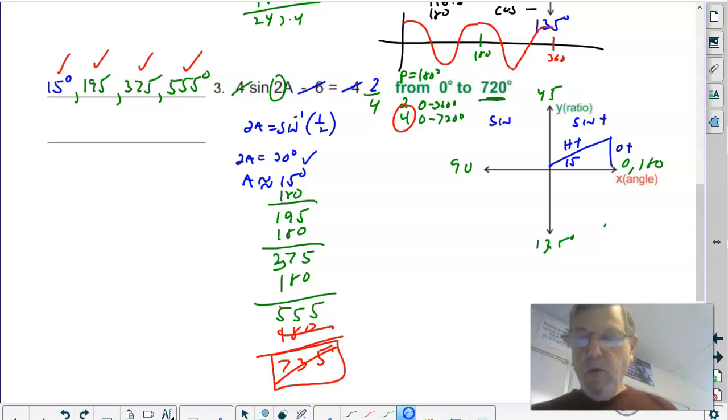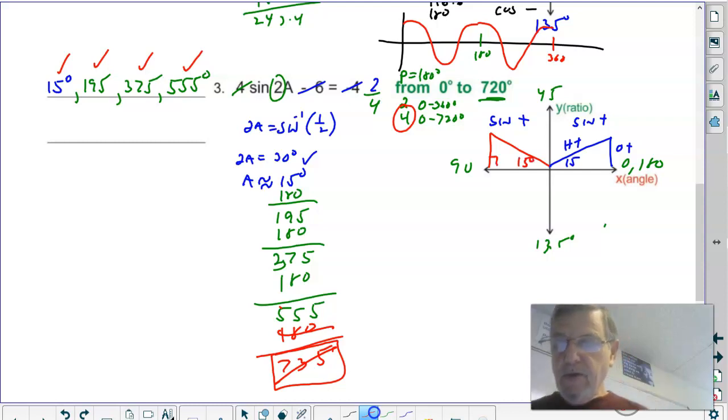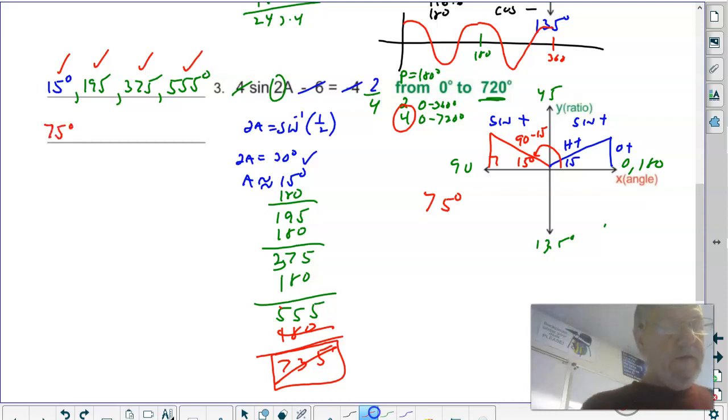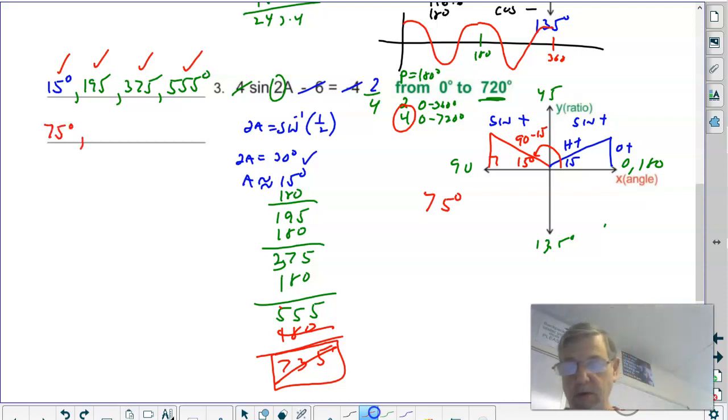And that is in quad 2, right? So here's my reference triangle, right? And the 15 has to go there. So how much is this? That's 90 minus 15, which is what, 75? 75 degrees. So there is now my first one here of what should be 4.